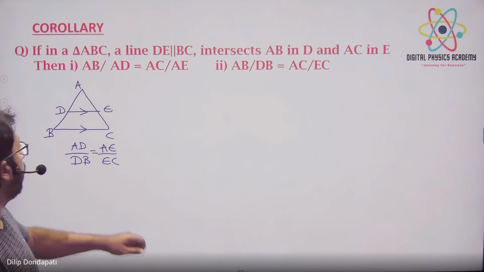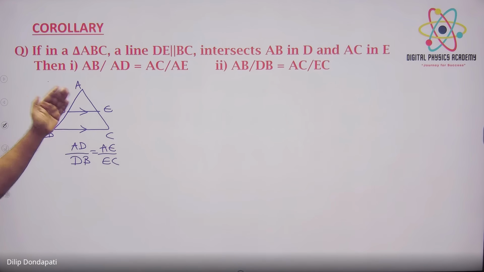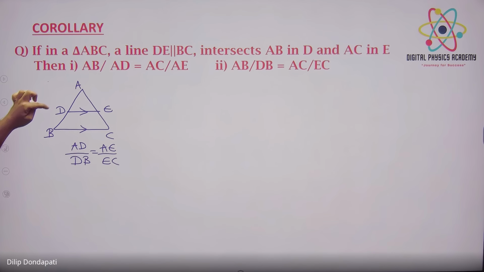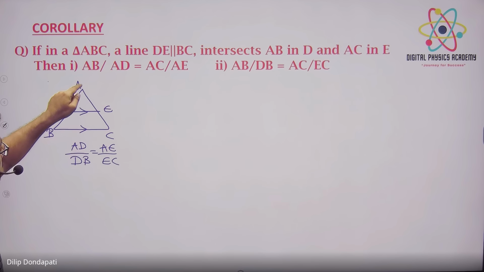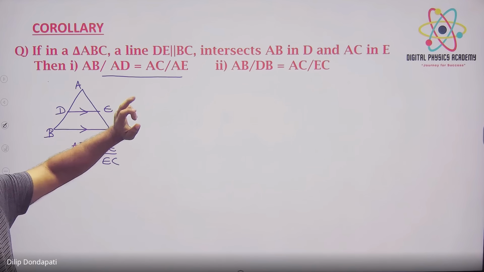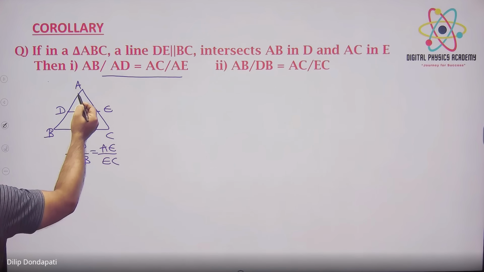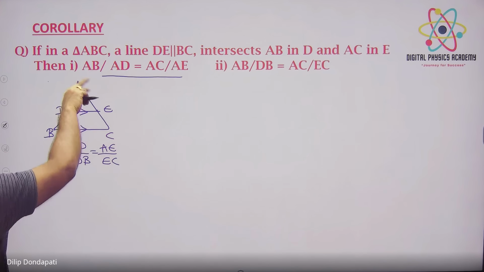Or we can write this also: AB bada by chota. इस तरफ, किस तरफ same, see you are going here bigger by smaller, right? This side also same direction we have to go. AC by AE, this is also true. Okay, do you understand? अभी तक क्या है? Only this smaller by smaller and this smaller by smaller. Or this is also true only.